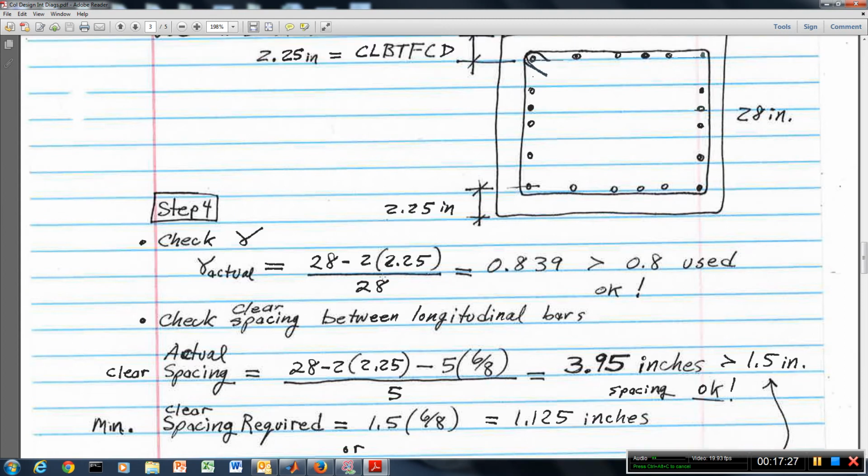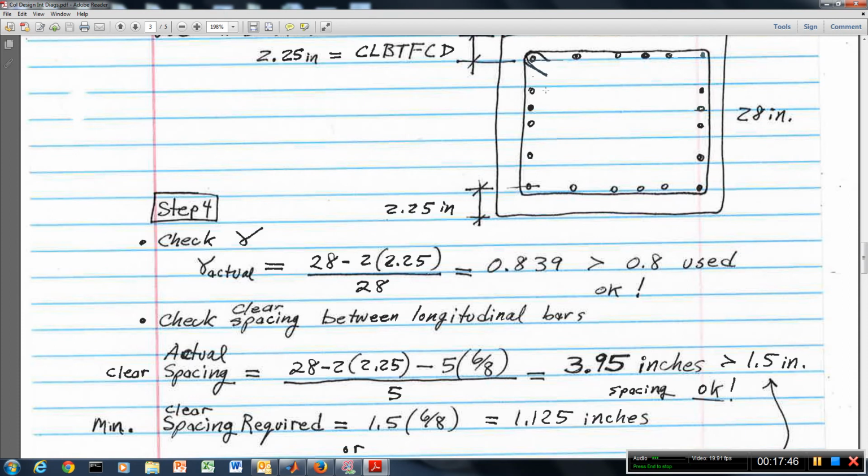And so we can take 28 minus that CLBTFCD value. So 28 minus 2 times 2.25 minus 5 times the bar diameter.